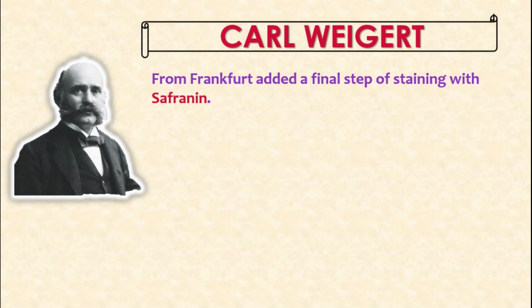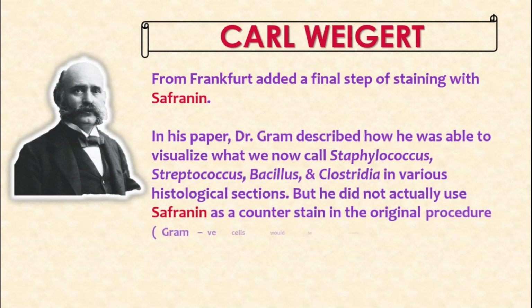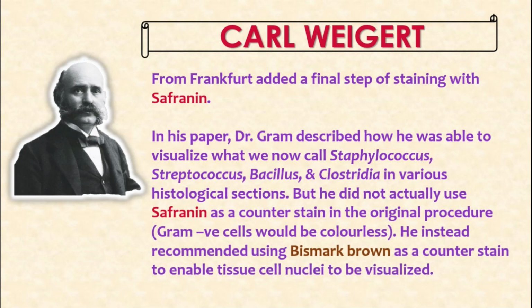In the original procedure of Christian Gram, in his paper, Dr. Gram described how he was able to visualize what we now call Streptococcus, Bacillus, Clostridia, and various bacteria which were observed by him in histological sections.